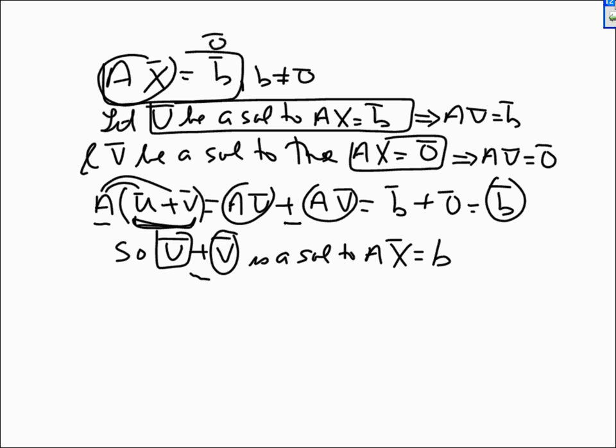And you know what? So will their difference. Because B minus the 0 vector is still B. So U plus or minus V is a solution to AX equals B.